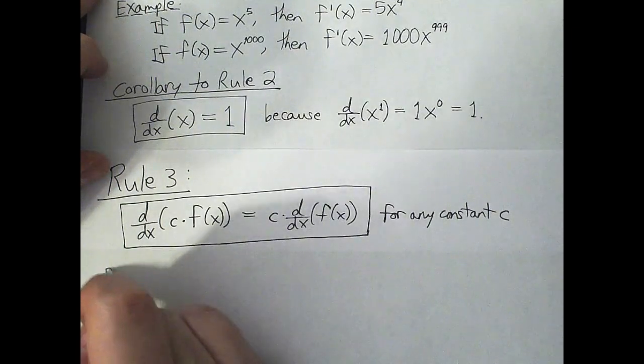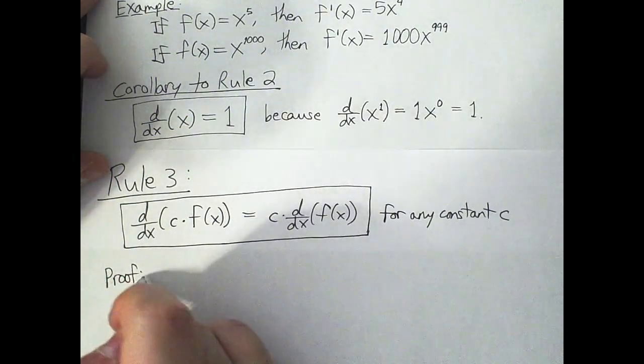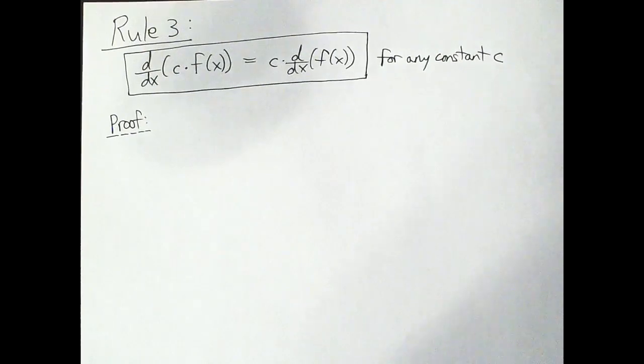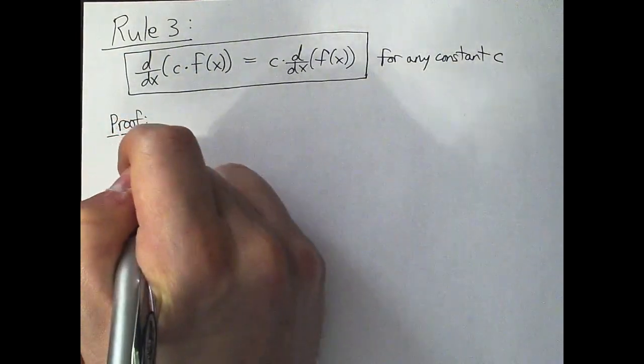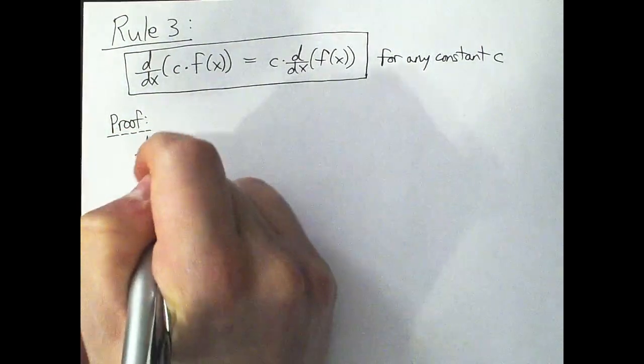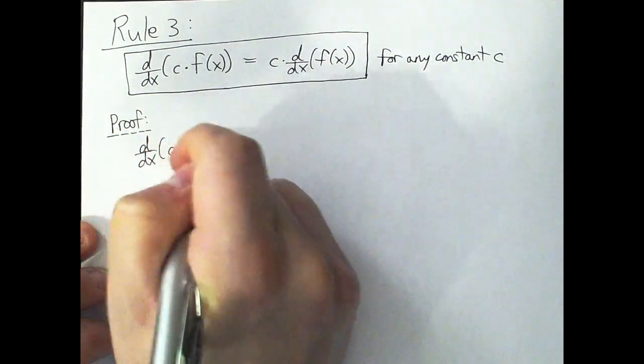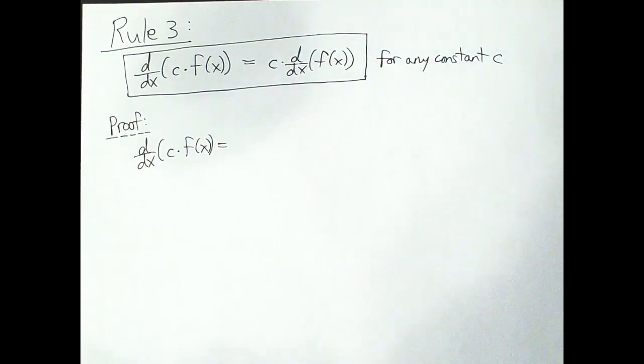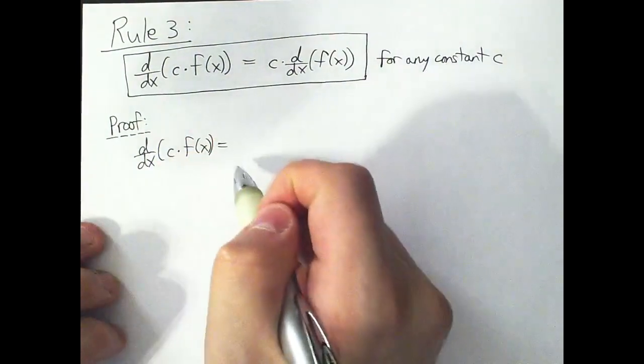So I'm going to show you a proof of this because we don't want to just have this class be about memorizing formulas and using them. Anyone can do that. We want you to understand why these rules are true, to be fully justified in using these rules. So let's start with the left-hand side, and we're going to try to show that it equals the right-hand side. What can we do?